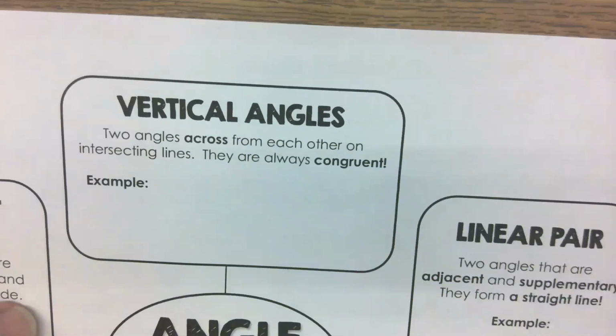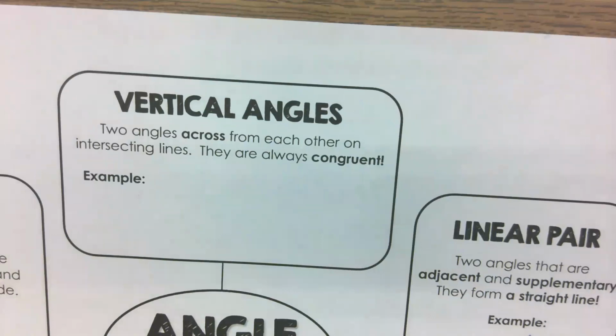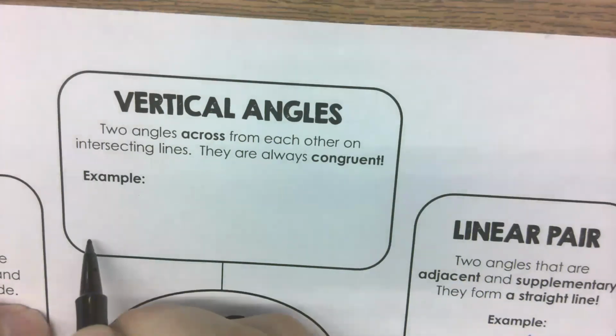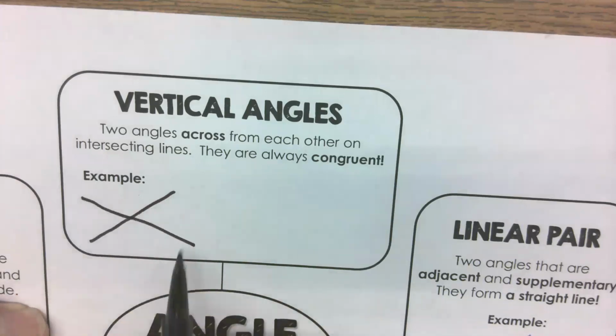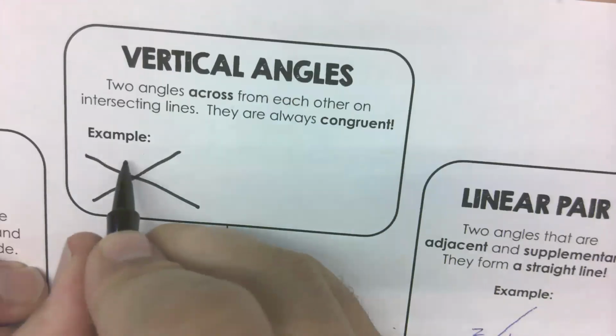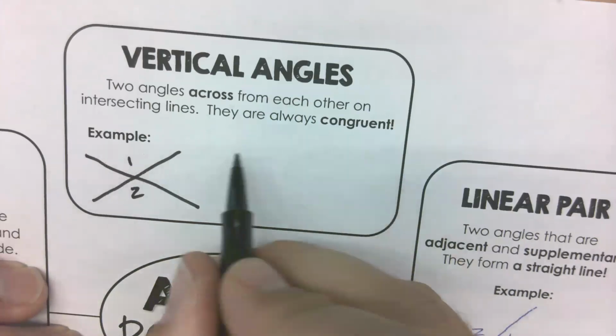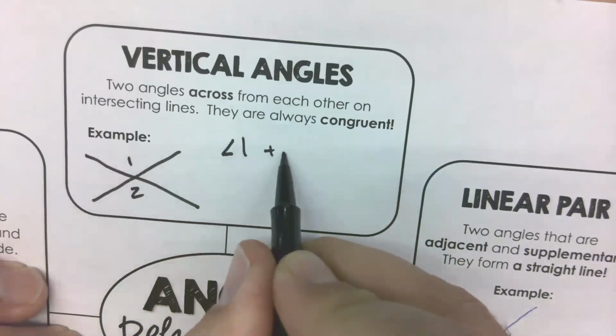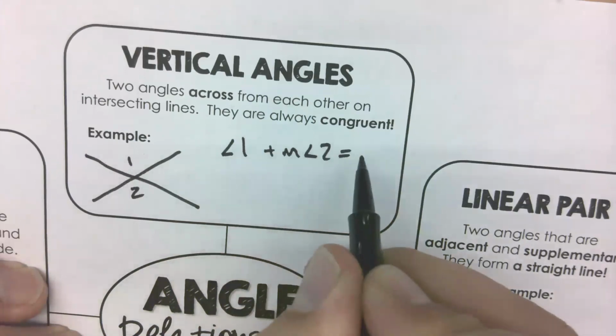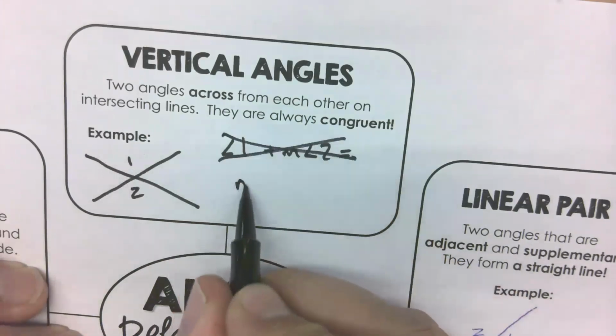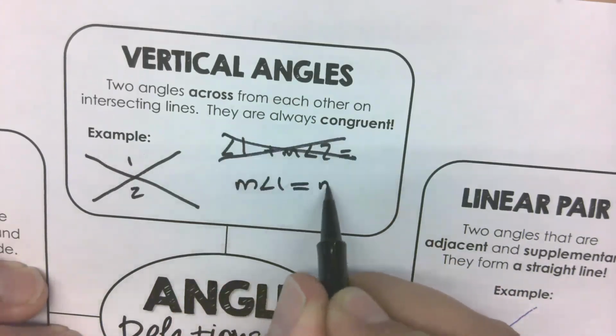So this is the last piece to our notes. Vertical angles are two angles that are across from each other, like angle 1 and angle 2. And they're always congruent. Oops, that's not right. It's the measure of angle 1 equals the measure of angle 2.